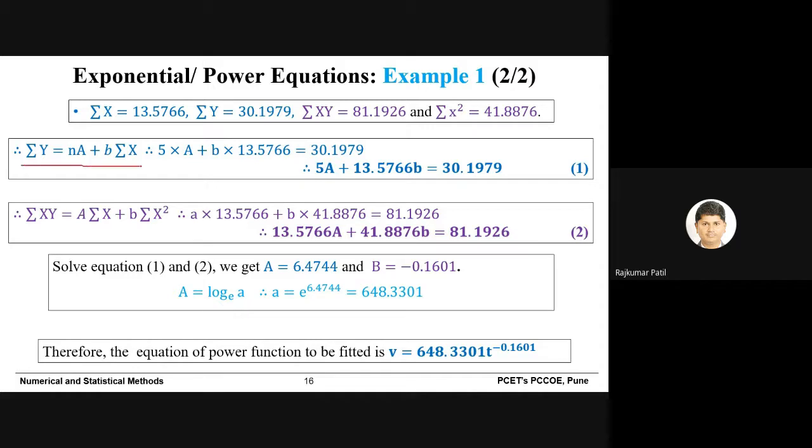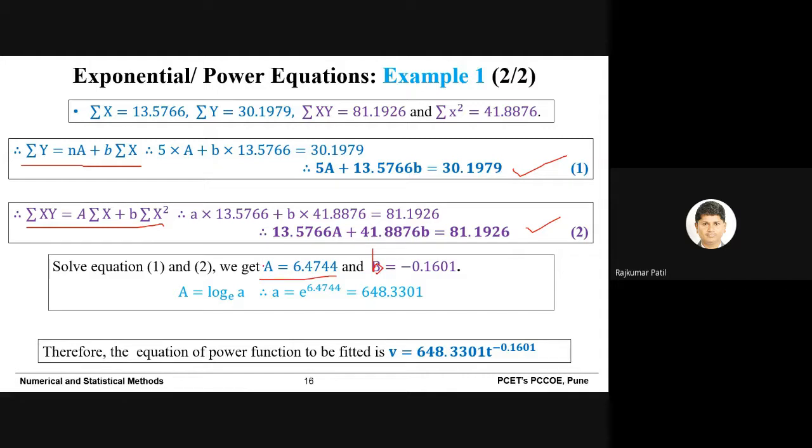Put those values in the normal equations, and you will get equation 1 and equation 2. These are the two simultaneous equations, and you are free to use any suitable method to calculate the unknowns. Once you do, you will get the values of capital A and small b in this case.